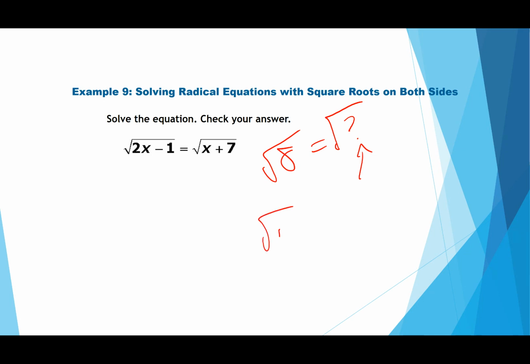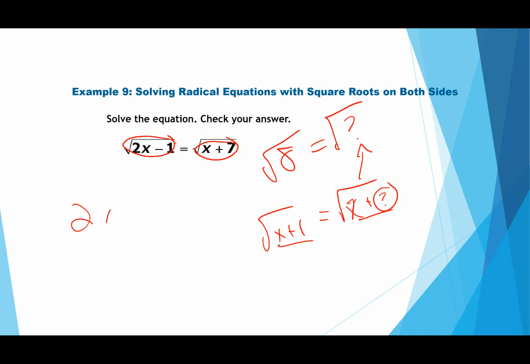If I said square root of x plus 1 equaled the square root of x plus something, right, what do you think that something would be? That something would have to be 1, right? Because x plus 1 would be the same as x plus 1. So what I'm getting at is that 2x minus 1 has to be the same as x plus 7.